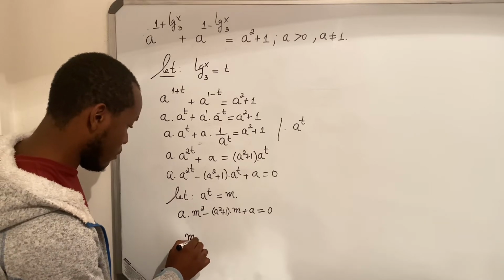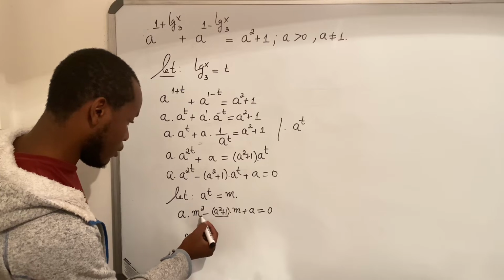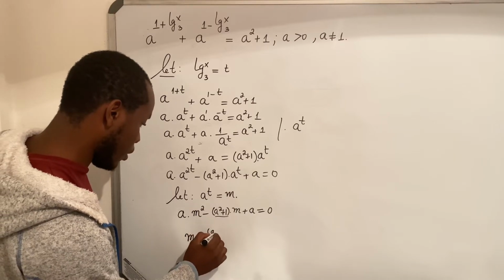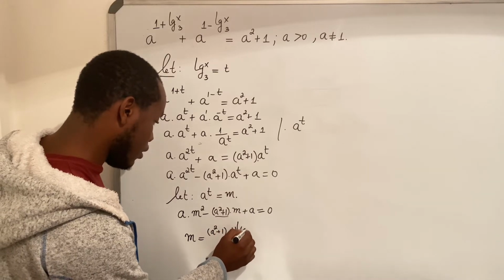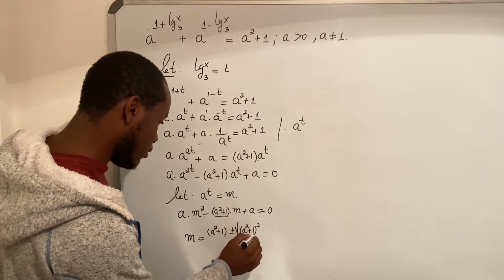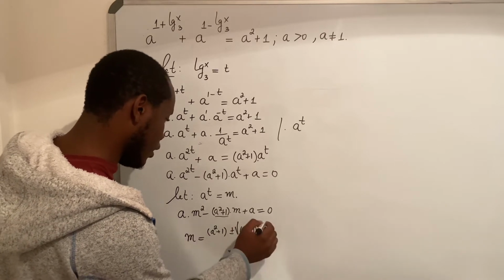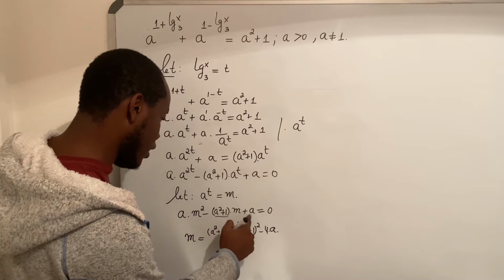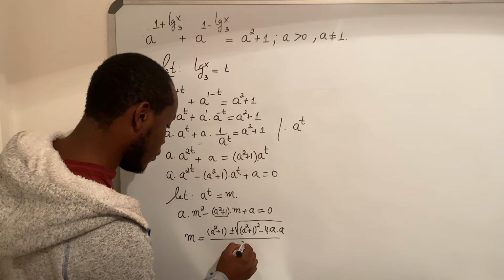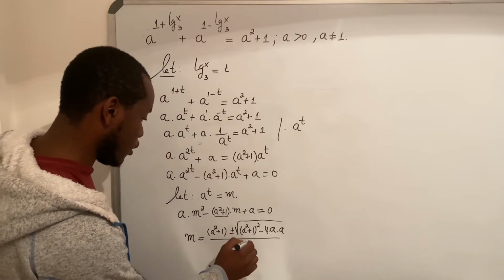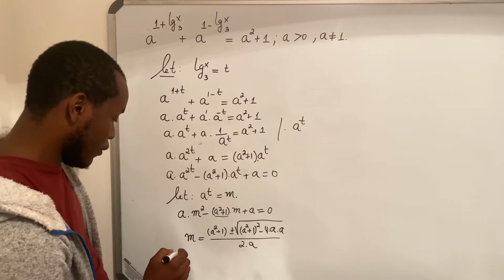We can say m is going to be equal to minus b. So this is my b, and the negative from the formula will become positive. Plus or minus the square root of b squared minus 4ac, where a is a and c is also a, over 2 times a, which is 2a. So this is the value of m. I didn't finish.